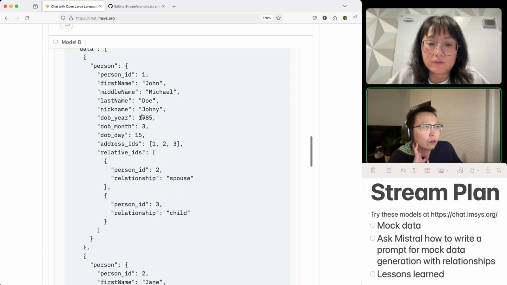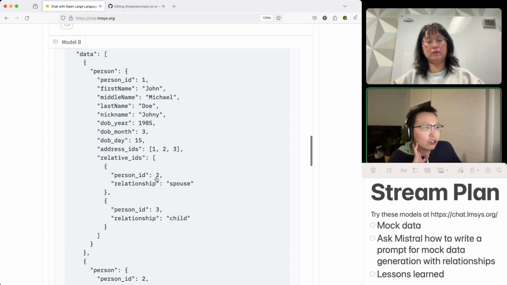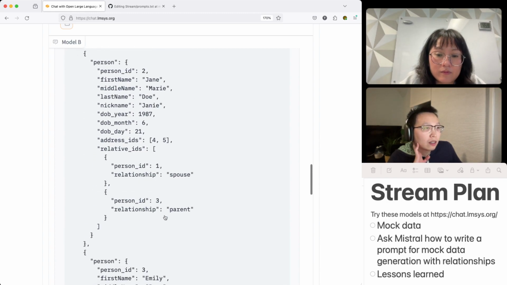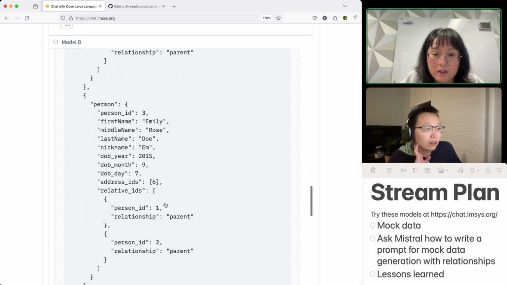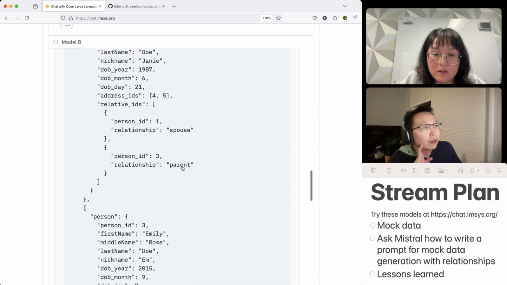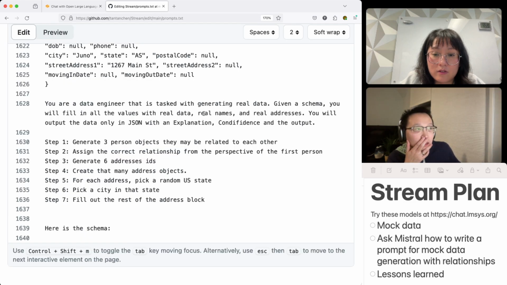Here we're expecting John to have a child for person three, but person two and person three should also be child, and this one is parent. Okay, no, actually it's just this one that's the problem. Person three.